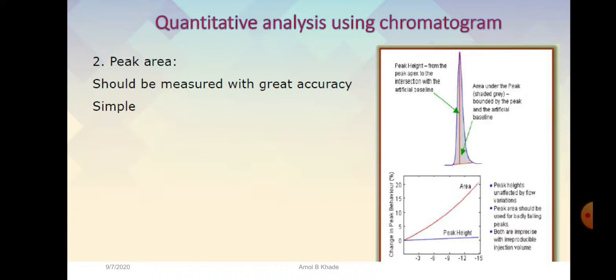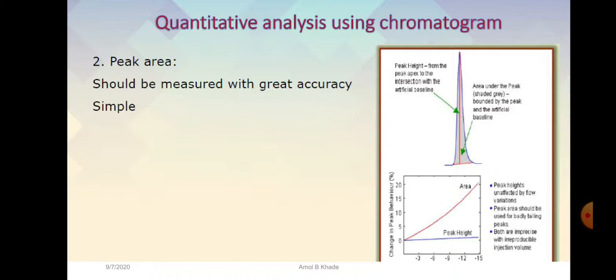Second is the peak area, or the area under the peak. This should be measured with great accuracy, and it is quite simple. Here we have to measure the area under the peak. Nowadays we have software, and the software will calculate the area under that particular peak.